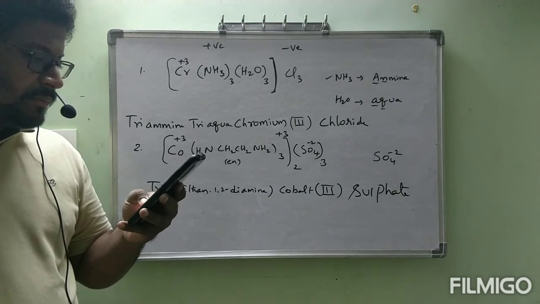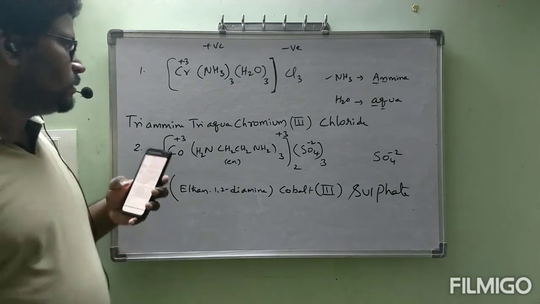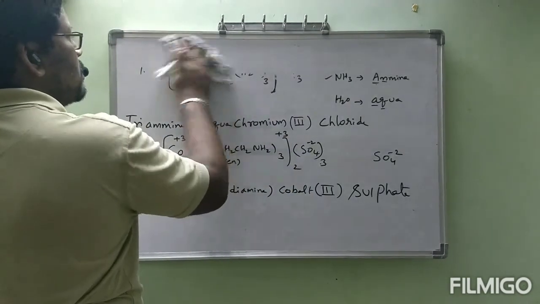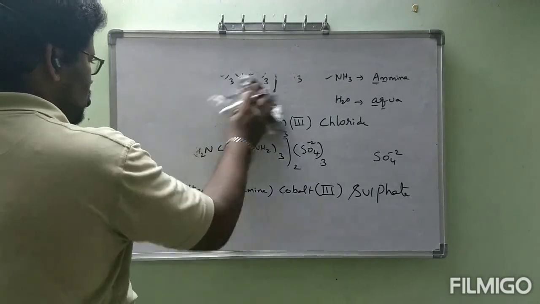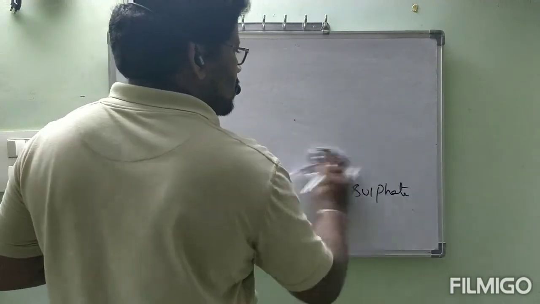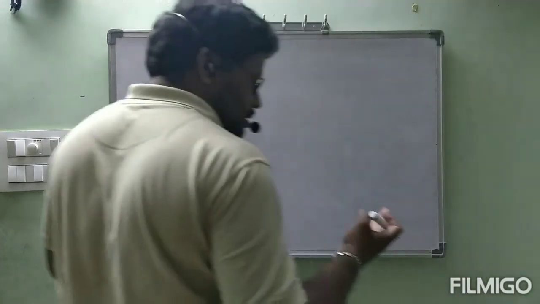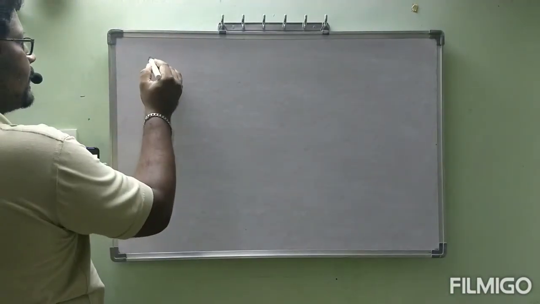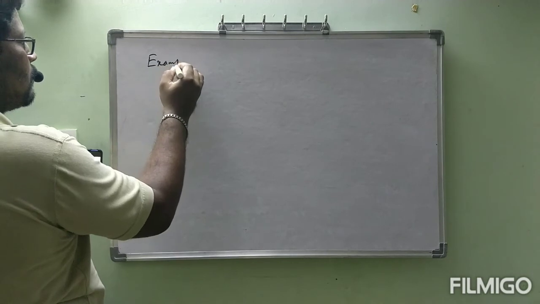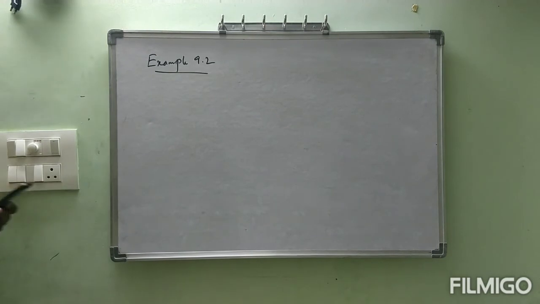Next we will see example 9.2. In your textbook, example 9.2: write the formula for the following coordination compounds.